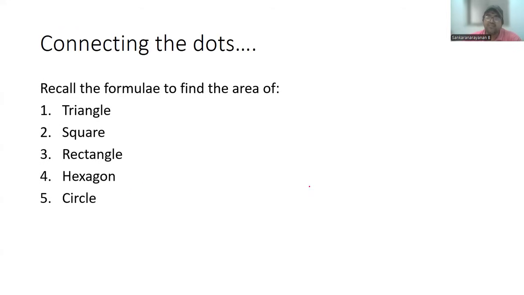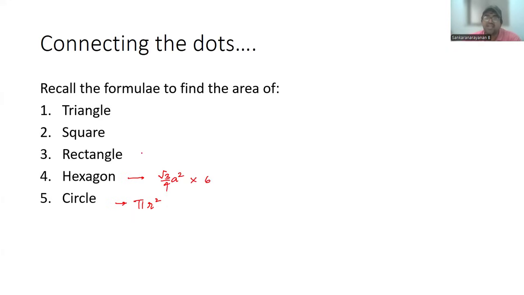For a circle, if r is the radius, the area is pi r square. For a regular hexagon, if a is the measurement of one side, the area will be root 3 by 4 a square into 6.